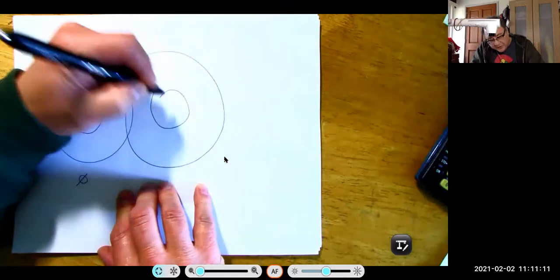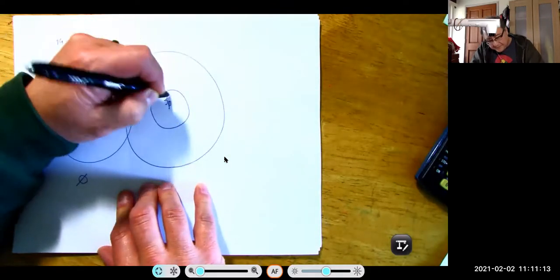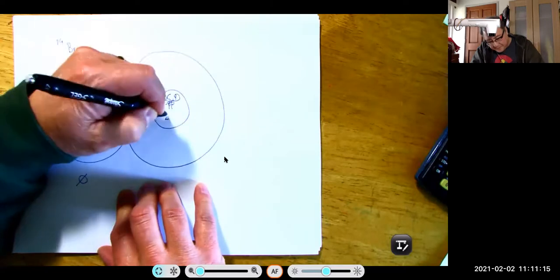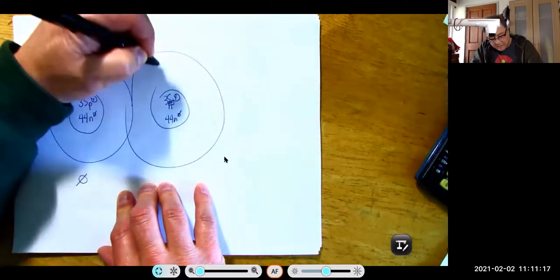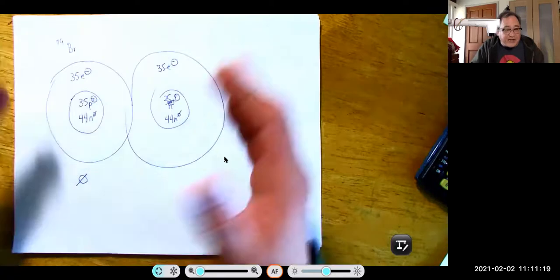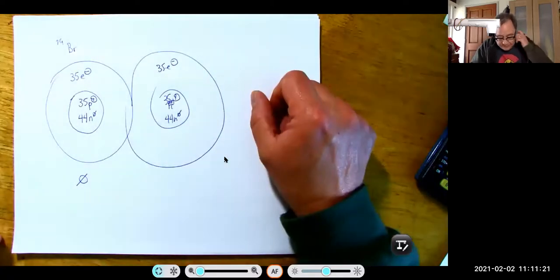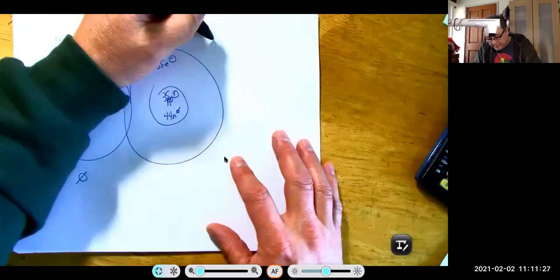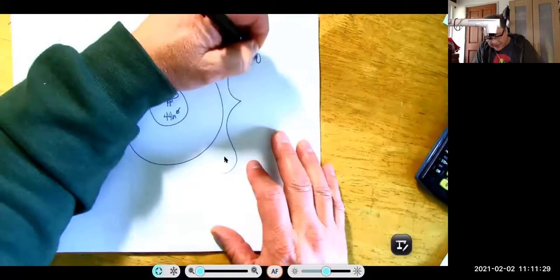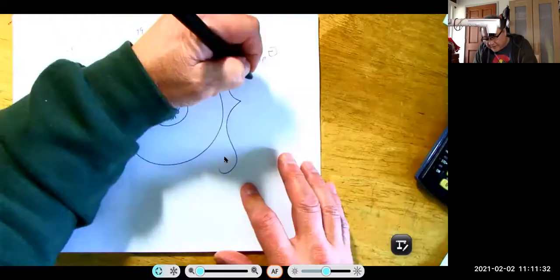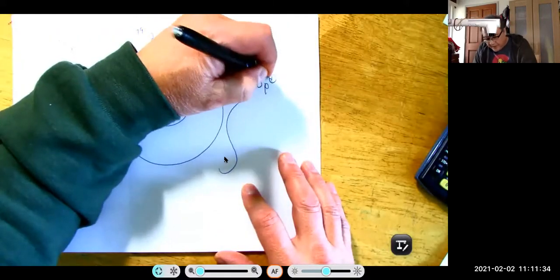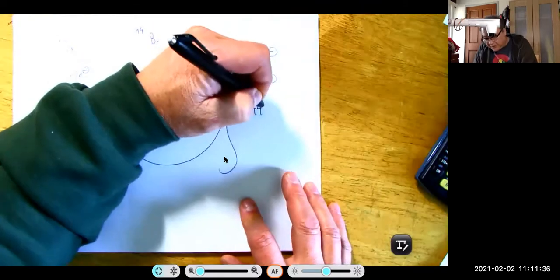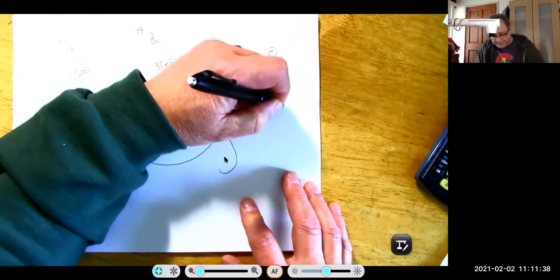Here's another bromine 79. And these guys are stuck together. So this guy overall has 70 electrons, 70 protons, and 88 neutrons.